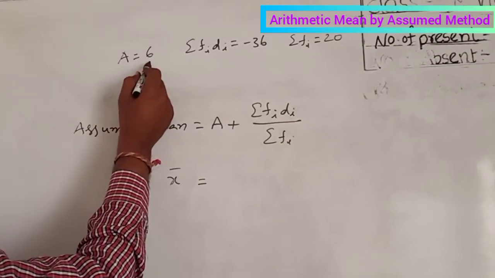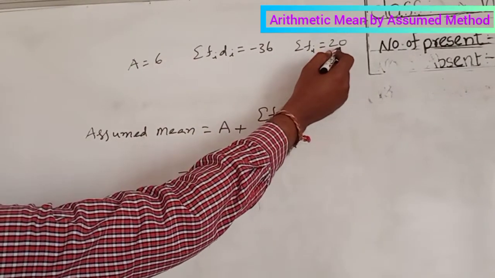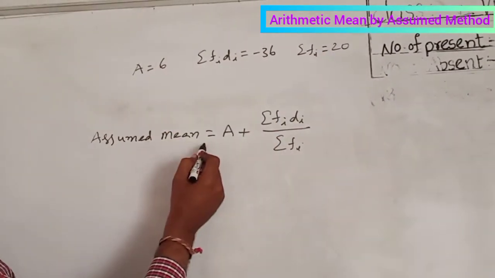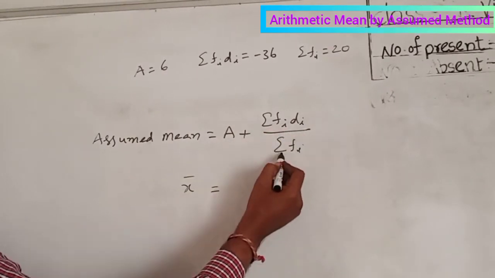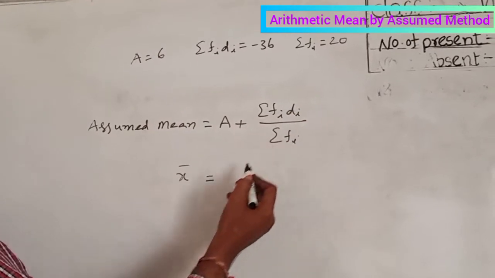Now here a is 6, sigma fi di is minus 36, and sigma fi is equal to 20. So the assumed mean formula is a plus sigma fi di by sigma fi.